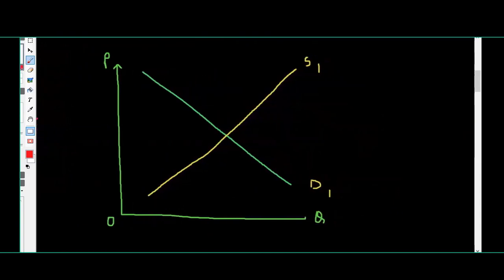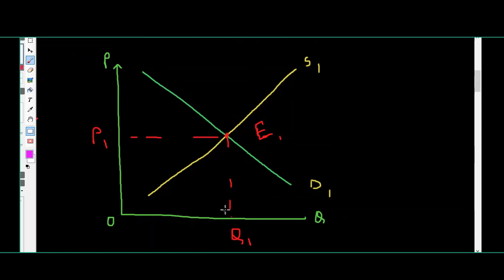So let's see this one with a different diagram. Consider that this is our equilibrium price P1 and quantity Q1.